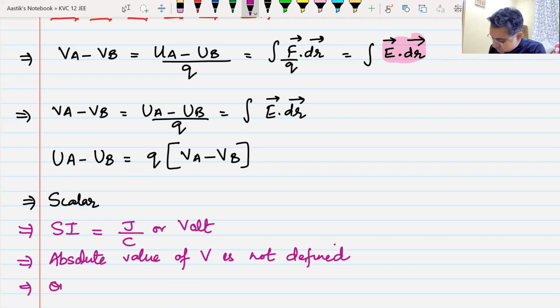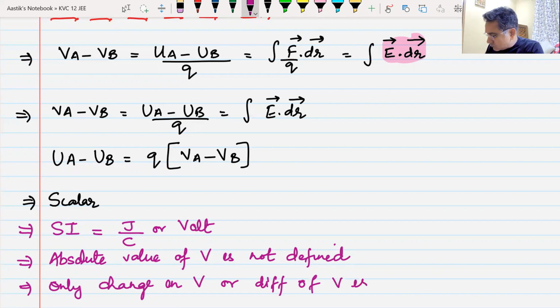Only change in potential or potential difference is defined. Only change in V or difference of potential is defined. Do we understand this? Yes or no?